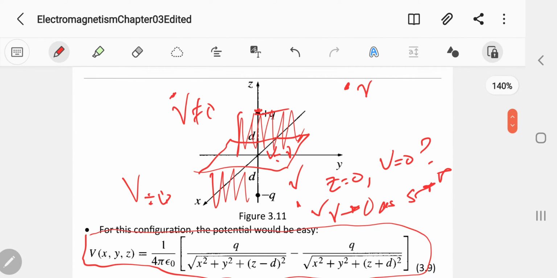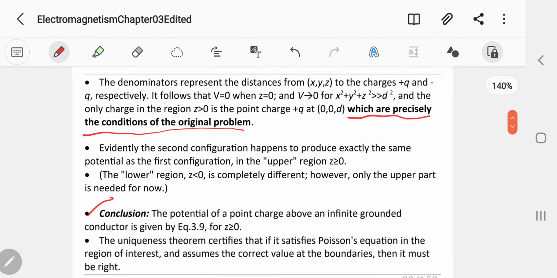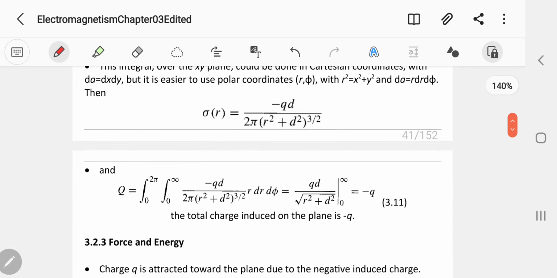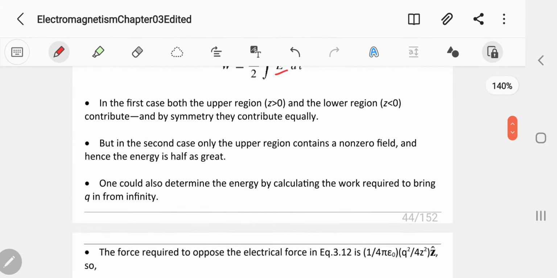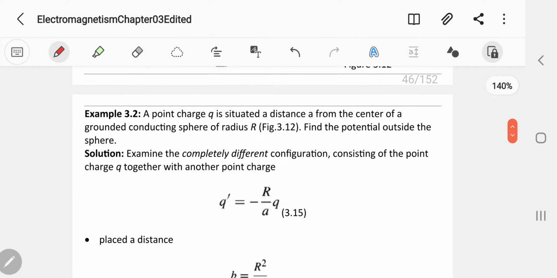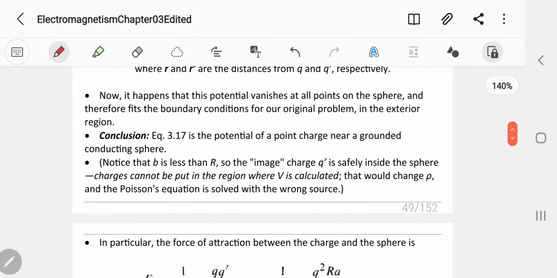So anyway, let's go immediately to the Laplace's equation.